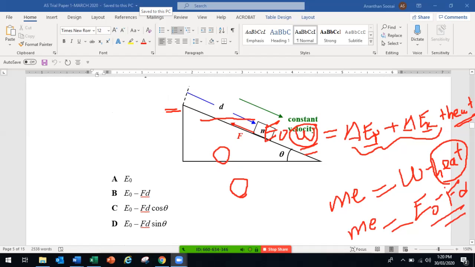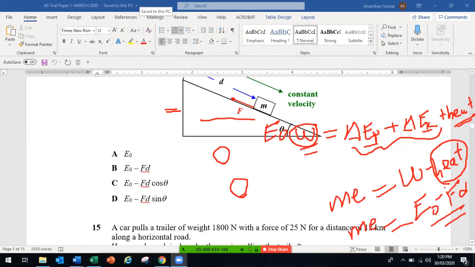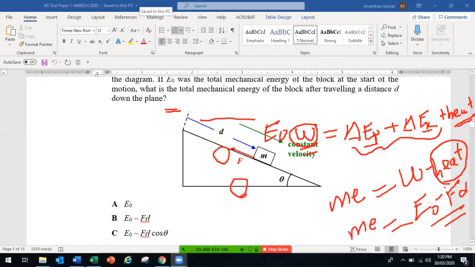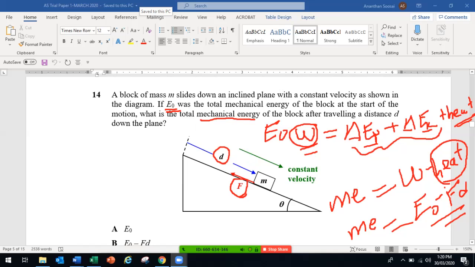That's the answer. What's the answer given? B. Yeah, it's B. The total energy was the total work done by the thrust, the total energy it has. Then when you slide down, heat will be generated, so this mechanical energy will drop.